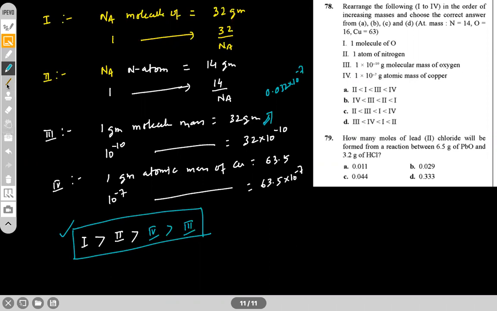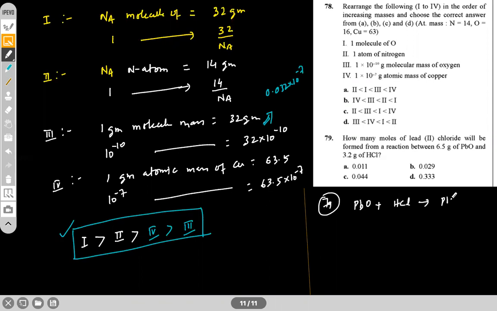Now, the next question is this one, 79th one. How many moles of lead chloride will be formed? Lead chloride will be formed from a reaction between this and this. So we have PbO and HCl.